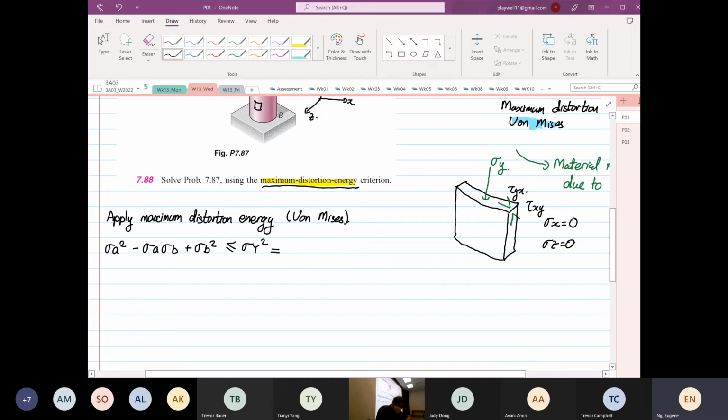And over here, this is a material mechanical property. And over here, this is based on stress analysis.